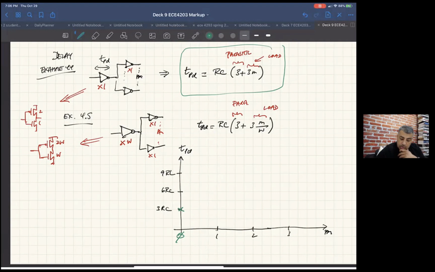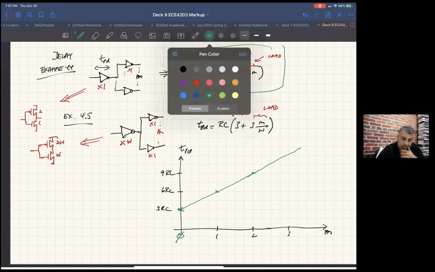When M is equal to 1, you'll be at 6RC, and M equal to 2, you'll be at 9RC. So as the number of load devices you're driving increases, the delay through your gate increases.